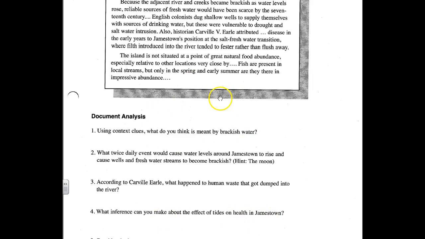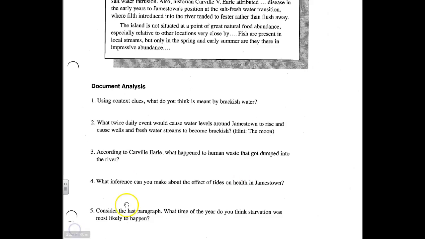Those are your questions for Document A. And let's not forget question number 5. It's asking you to consider the last paragraph. What time of the year do you think starvation was most likely to happen? The last paragraph here is talking about fish, and about the island and how it's situated.